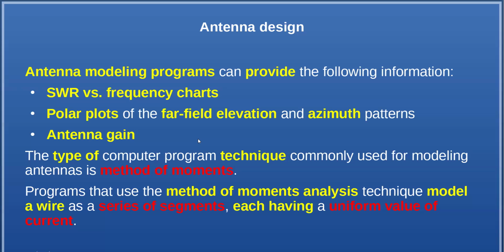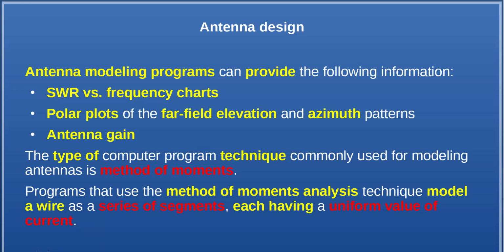So I mentioned EasyNet, which is one of the modeling programs. It's actually based on NEC, the numerical electromagnetic calculator that was developed as a Fortran program by Lawrence Livermore Labs. It's a fairly old program.